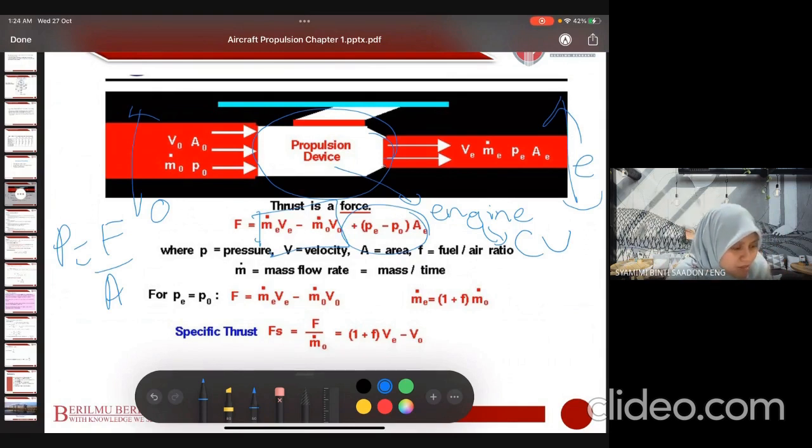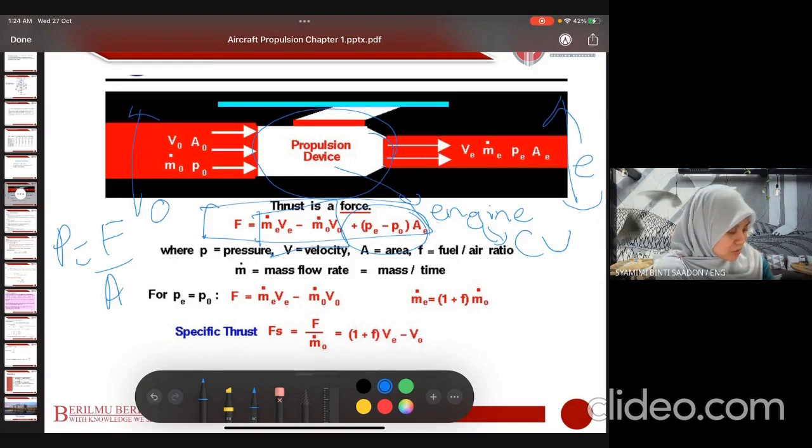So there is mass, inlet and outlet, at location O and location E. So this is the sum of the forces exerting on the control volume, the propulsion device. So we have this equation here, and this equation is what we call the thrust force. This is the equation of the thrust force resulting from the control volume here.